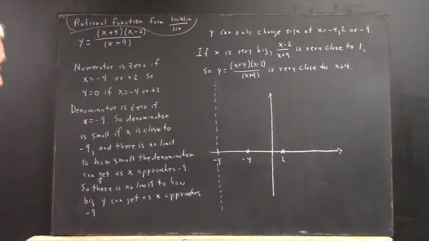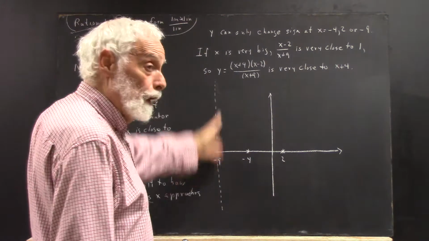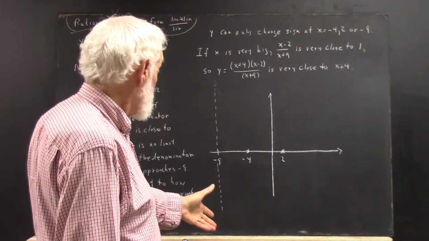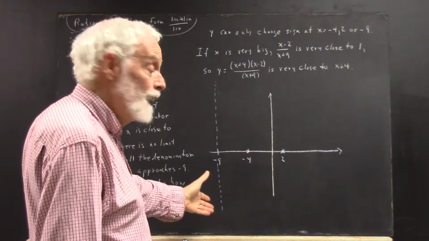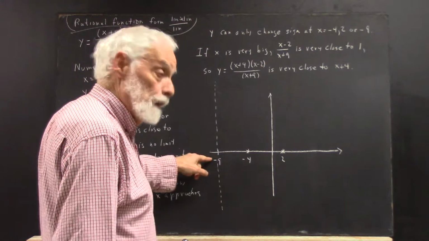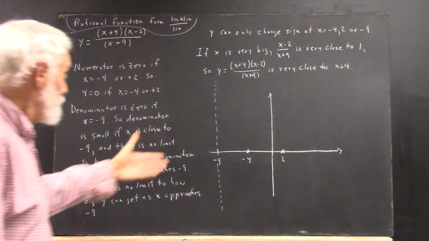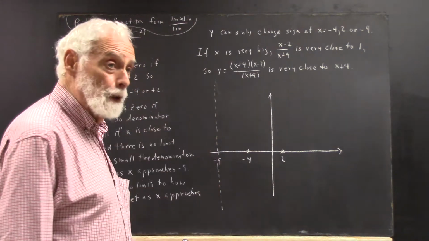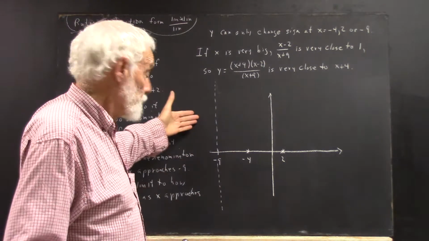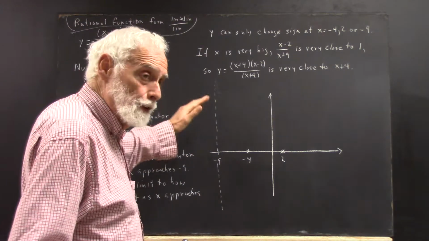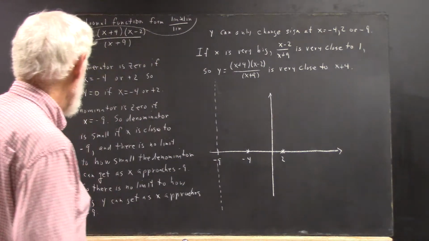So there's no point on the graph that has x-coordinate negative 9. And since all the points in the graph with x-coordinate negative 9 lie above and below negative 9 on the x-axis, this dotted line represents a bunch of forbidden points. The graph can't pass through this line. The function is not defined on this vertical line.